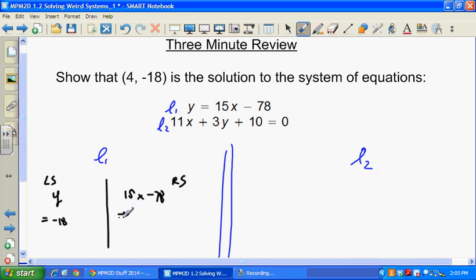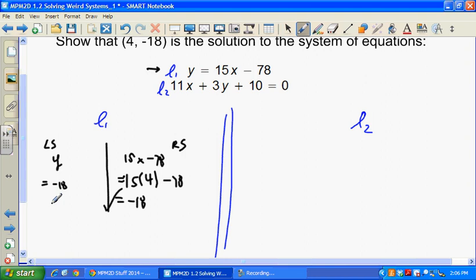So we got 15 times 4 minus 78, clunk that into a calculator, and you get minus 18. And that works out. Now notice that doesn't say that it's a solution to the system. That means that it's on that line. And so we can say, so 4, negative 18 is on line 1.